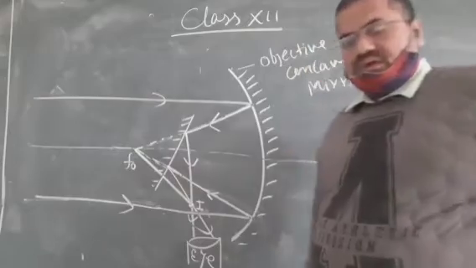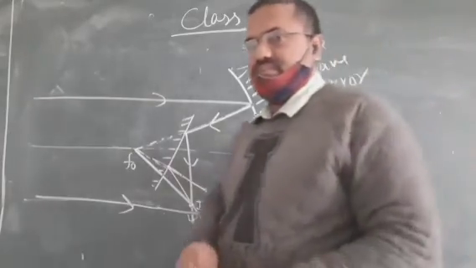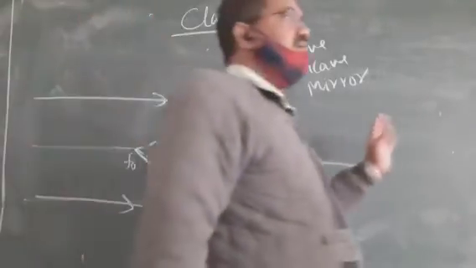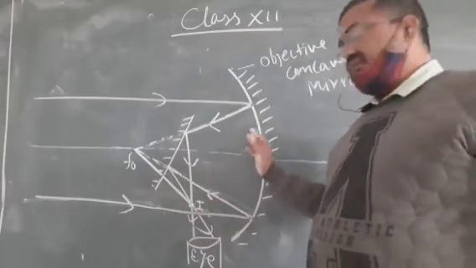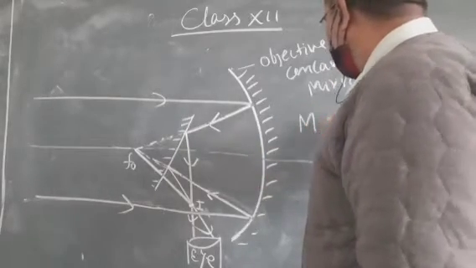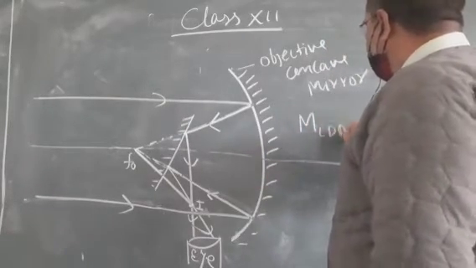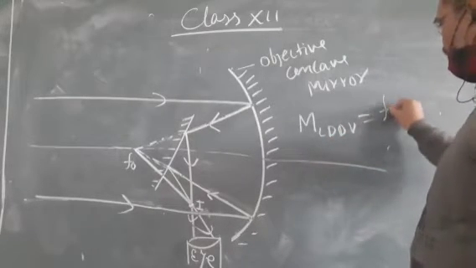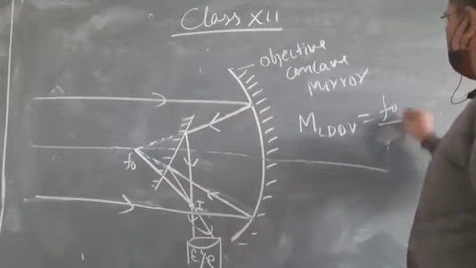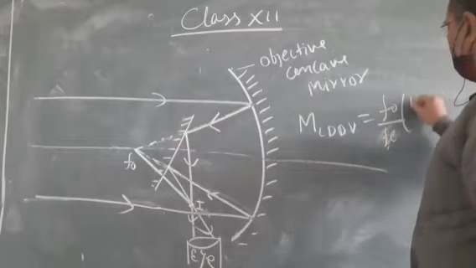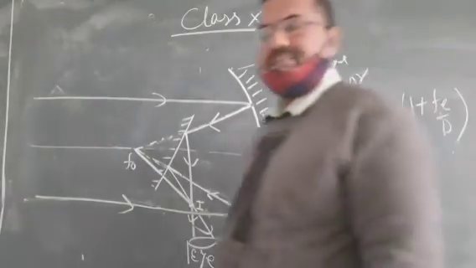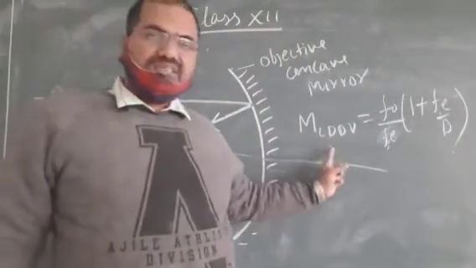So now we move on to Cassegrainian telescope. Magnifying power is the same as we have earlier discussed in the astronomical telescope, that is, magnifying power M equals F_O by F_E (1 plus F_E by D), where D is the least distance of distinct vision.